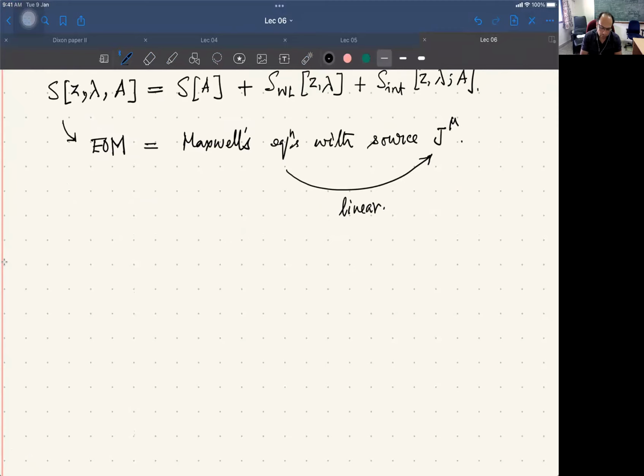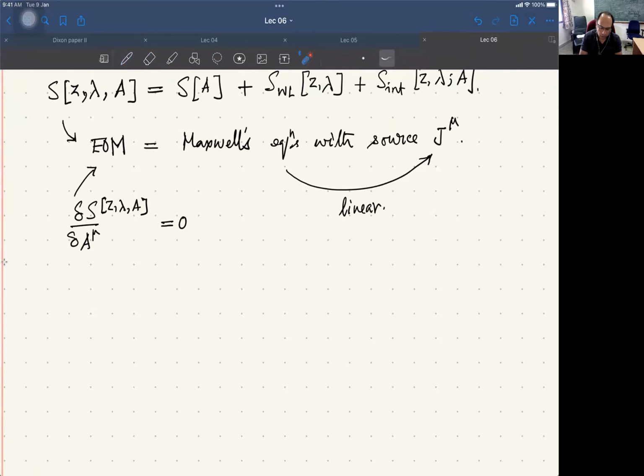We also know that the equation of motion is given by del S over del A mu, of the total action, equal to 0, right?